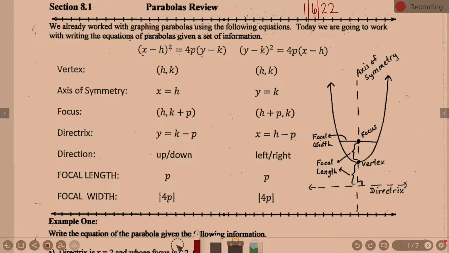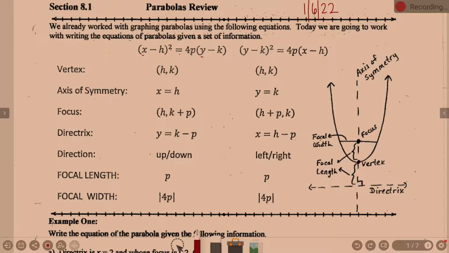So we have a few more new aspects of parabolas. The vertex, of course, is right here at the base of your parabola. The focus is a point inside the parabola, and the distance from the vertex to the focus is something called the focal length.